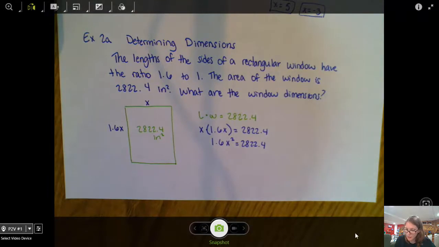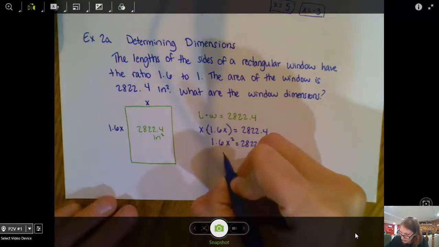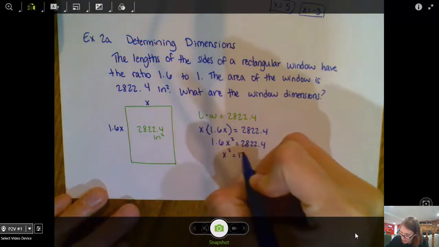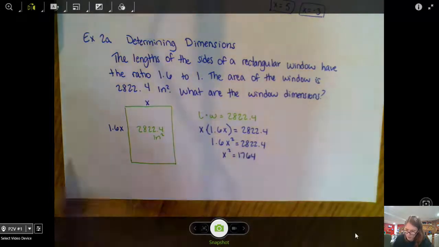Then we can divide both sides by 1.6. And that gives me x squared is 1,764.